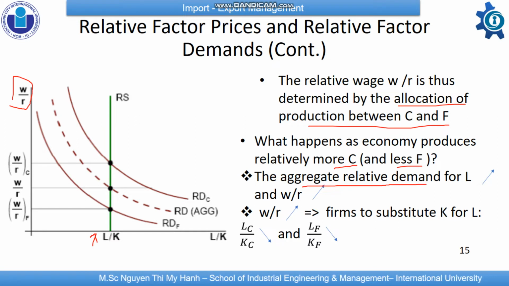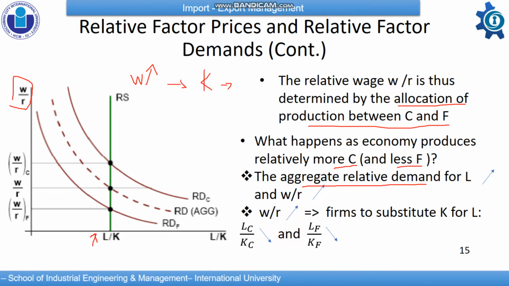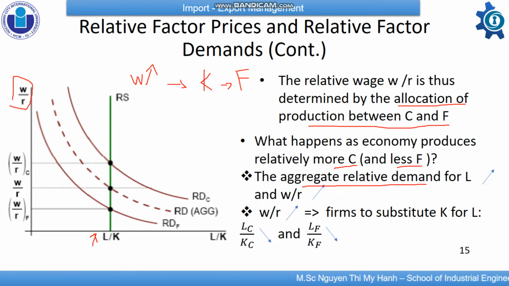And when the relative price of labor to capital increases, the company tends to substitute capital for labor, because when the wage rate increases, they want to reduce the cost by substituting capital for labor, so the relative demand of labor to capital for the cloth production will decrease.